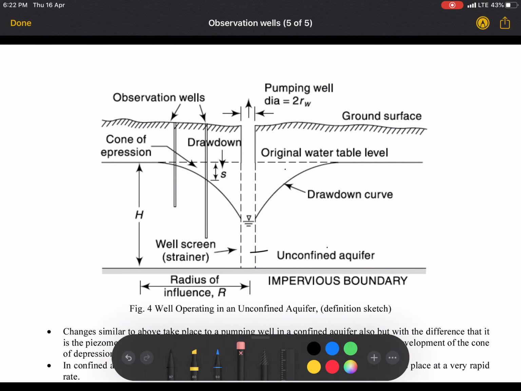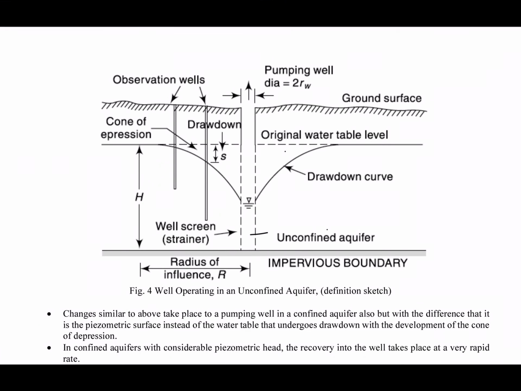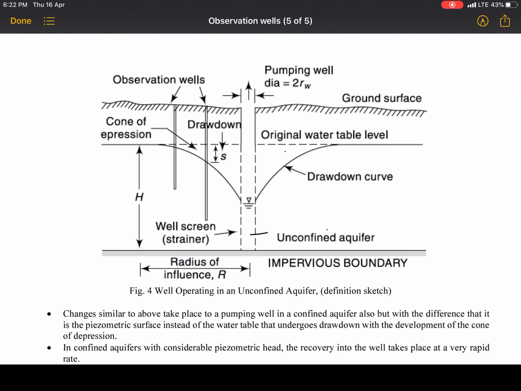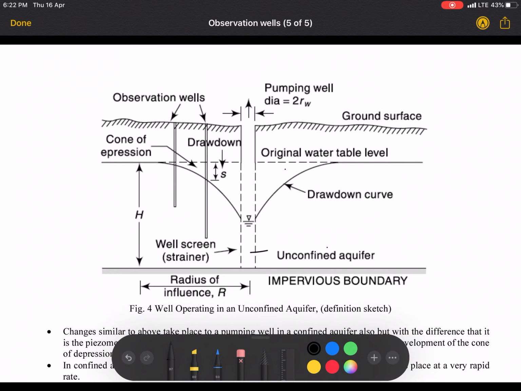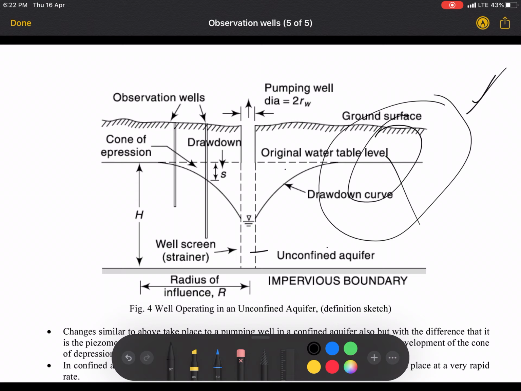So depending upon whether the well is confined or unconfined, we are going to derive the discharge from the particular well, depending upon various conditions like the water table, how much head is available, and the radius of the well. There are various parameters, such as whether, if it is confined, the pressure is high or low.